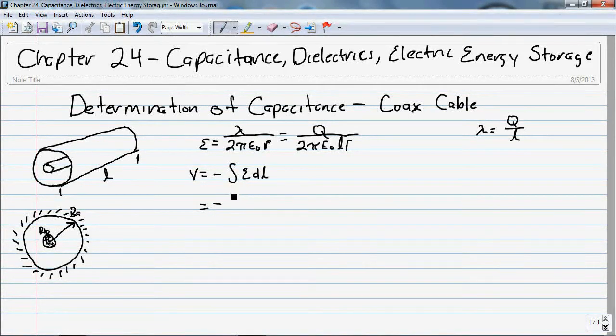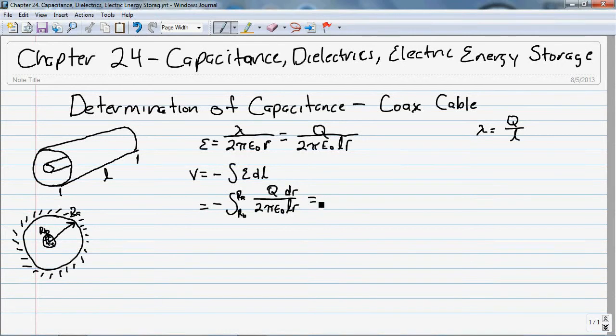So that's going to be from RB to RA for our limits. Put in our electric field. And our dl is just going to be a differential distance in the r direction.